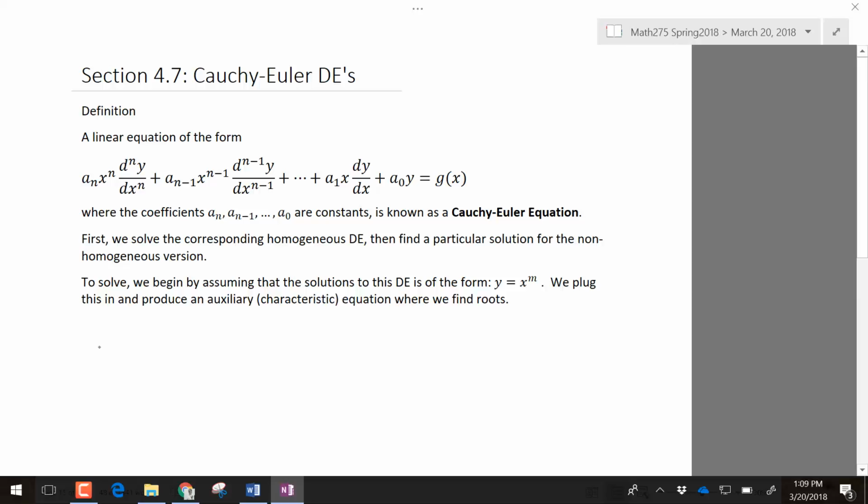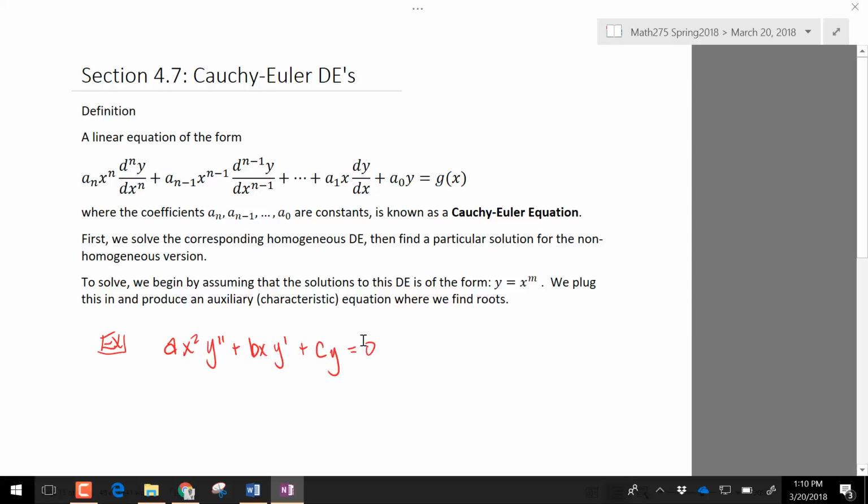Let's say we have a x squared y double prime plus b x times y prime plus c x to the 0 times y, the 0th derivative, is equal to 0. We're going to take a look at the homogeneous version of this and see what kinds of results we can get out of this.